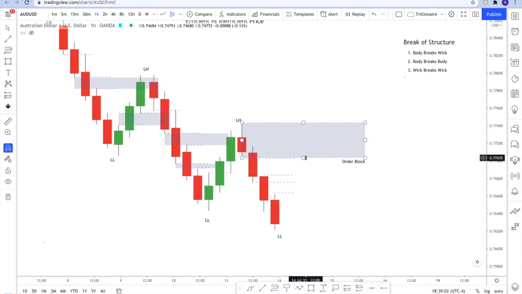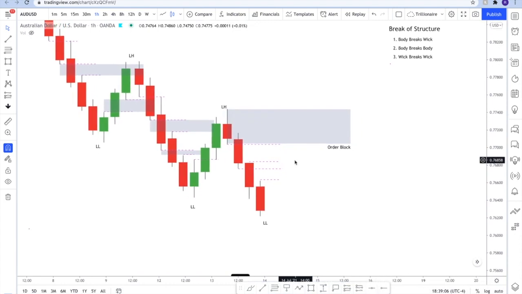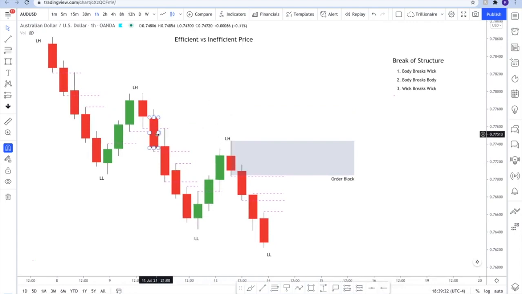So now that we have these areas marked up that show us inefficiency, now let's talk about exactly what we anticipate price to do based on the fact that we have an order block right here, we have inefficiency in price, okay? And we have one more confluence within this area that I'll get into in part 3.